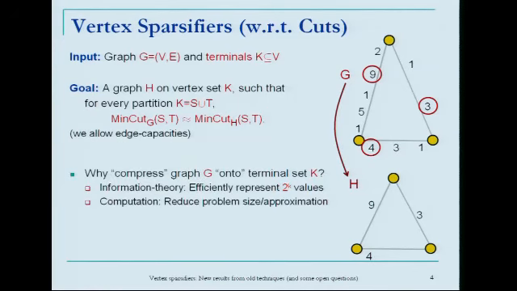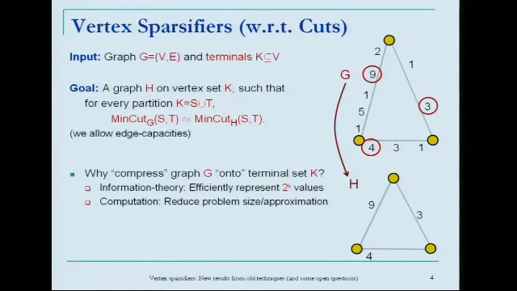Which is the next point. We kind of take this big graph on n vertices, we compress it, in quotes, into a graph of size k, on much fewer vertices, because we only care about the terminals. Then intuitively, it might be possible to actually represent it using a graph of size k. So information theoretically, we have 2 to the k possible cuts, right?